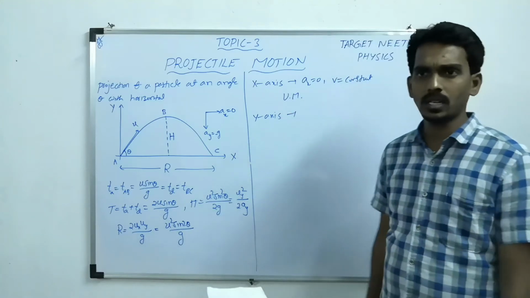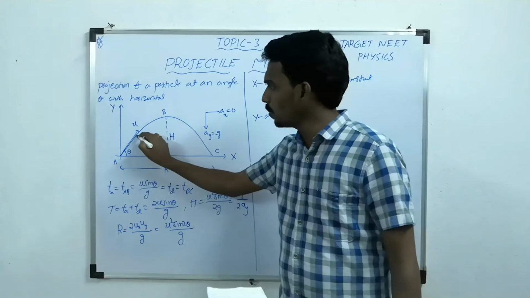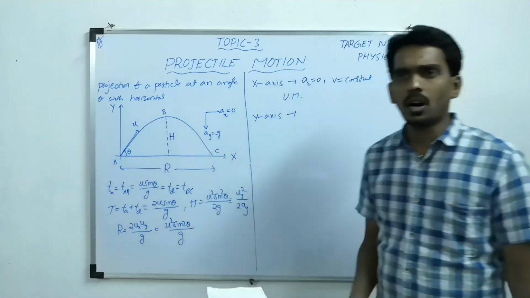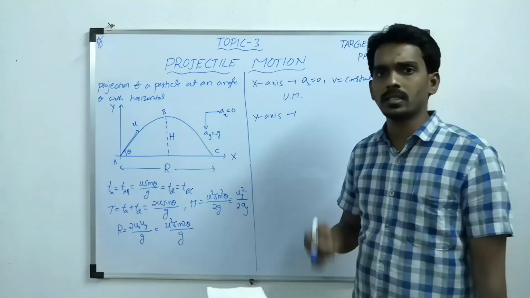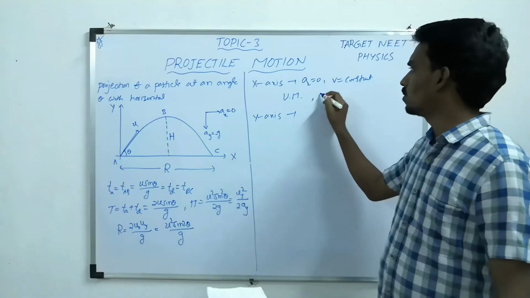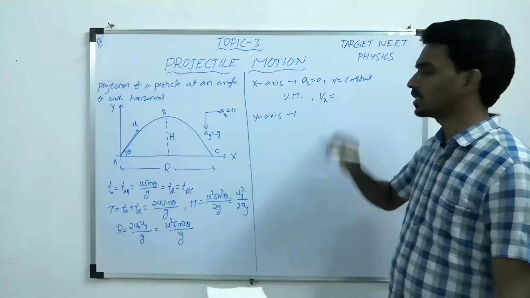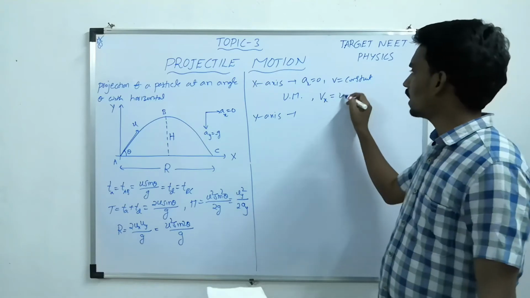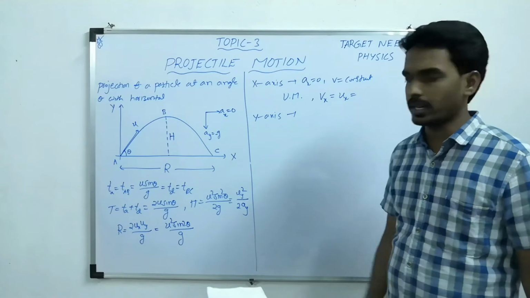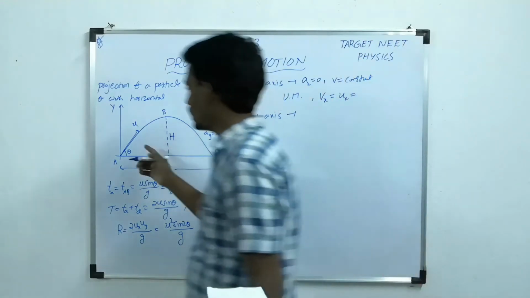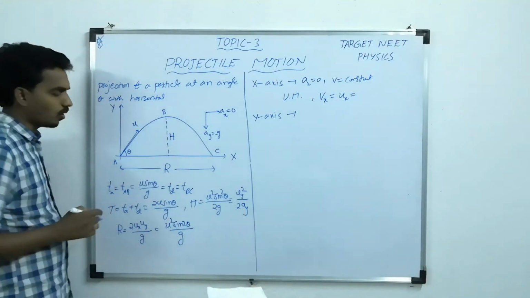Uniform motion. That's why at any point throughout the motion, the horizontal component of velocity remains constant. So at any point, after any time, before reaching the ground, Vx is always equal to Ux. What is Ux? Initial velocity component along horizontal.